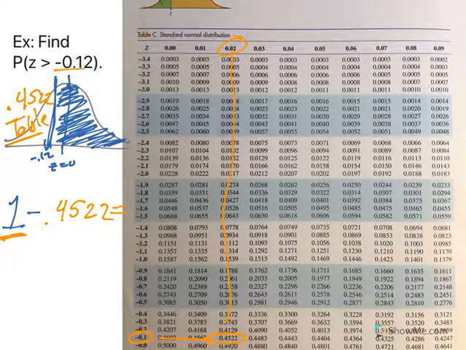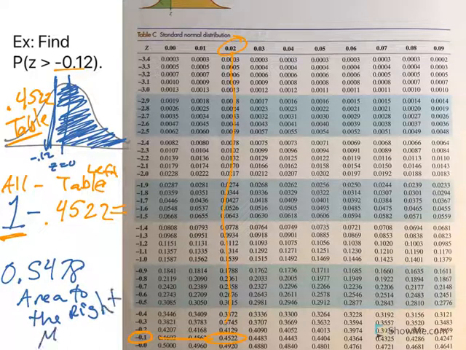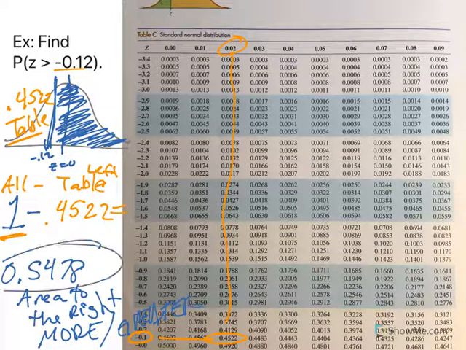So the whole thing minus what the table told me, which is to the left, gives me 0.5478, which is area to the right, or more, or greater. I don't care how you talk about it, but that's how we get it. We take the whole thing of 1 and subtract the area to the left.